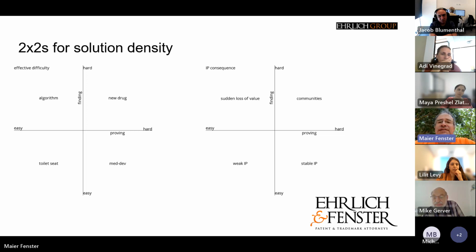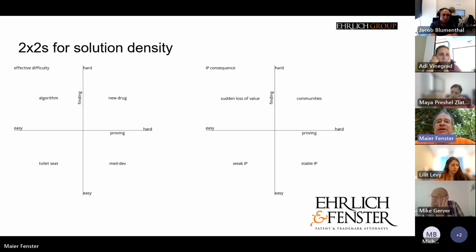And medical devices are relatively easy. I seem to have flipped the switches here. Medical devices are easy to design, but relatively difficult to prove.